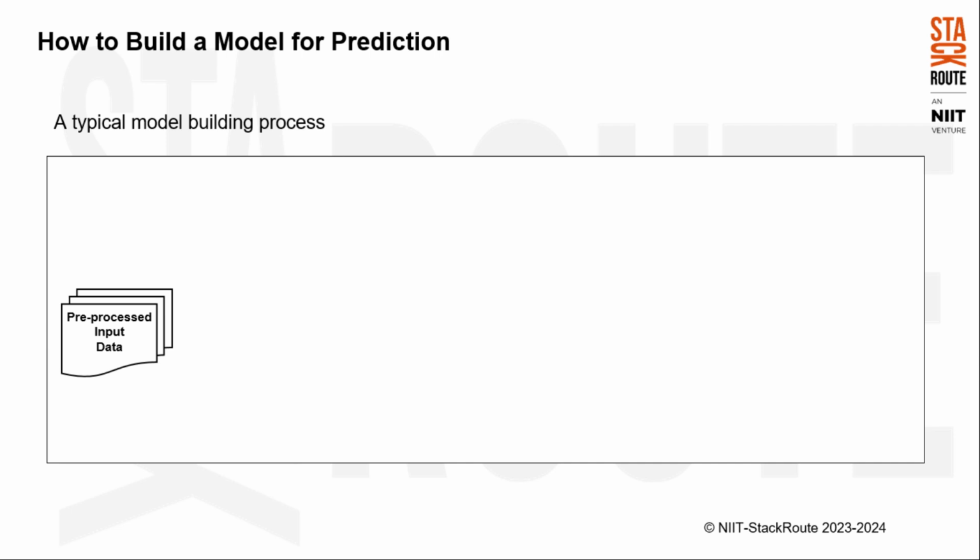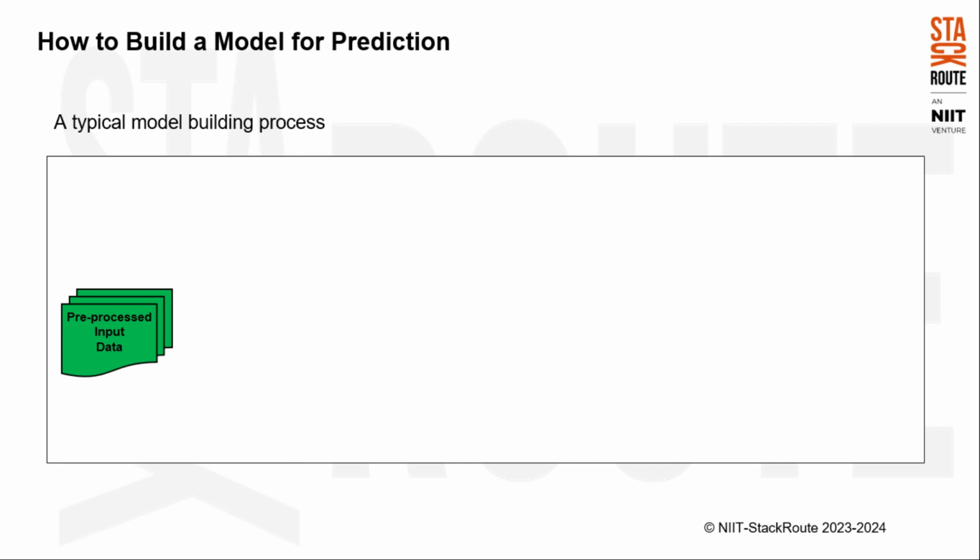Now the first step is pre-processing the input data. Now why should we pre-process the input data? Why can't we take the data as such? Now data as such is called raw data. So raw data may have issues with the quality of the data.